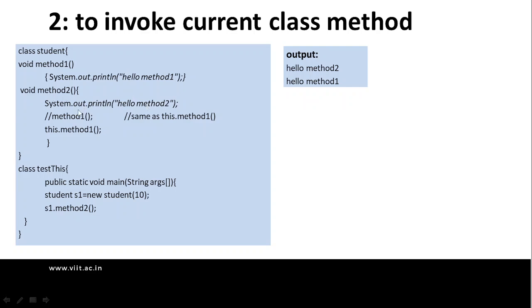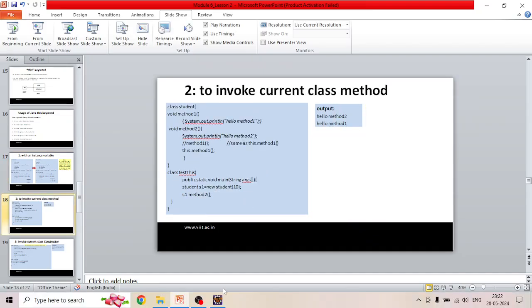But after invoking method2, we also have to invoke method1, which is available in the same class. To invoke such a method, we can use this. Let us check in an example.